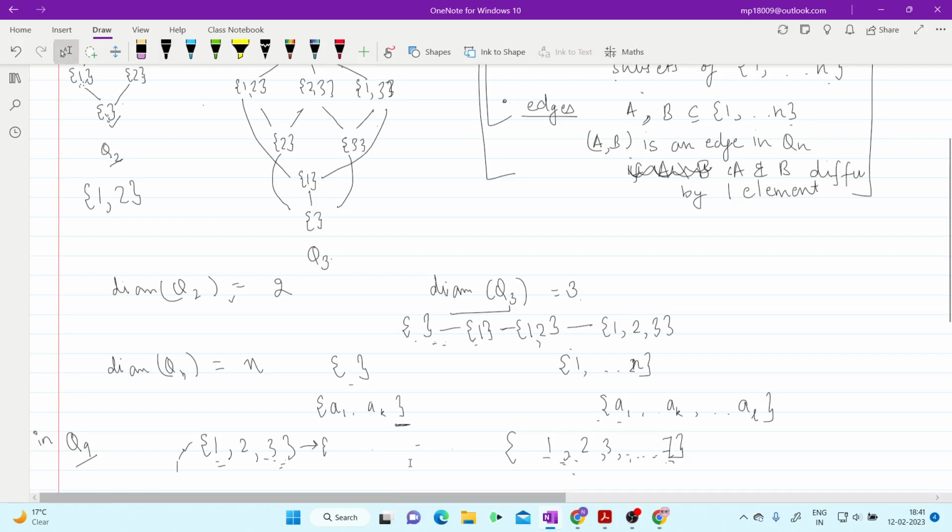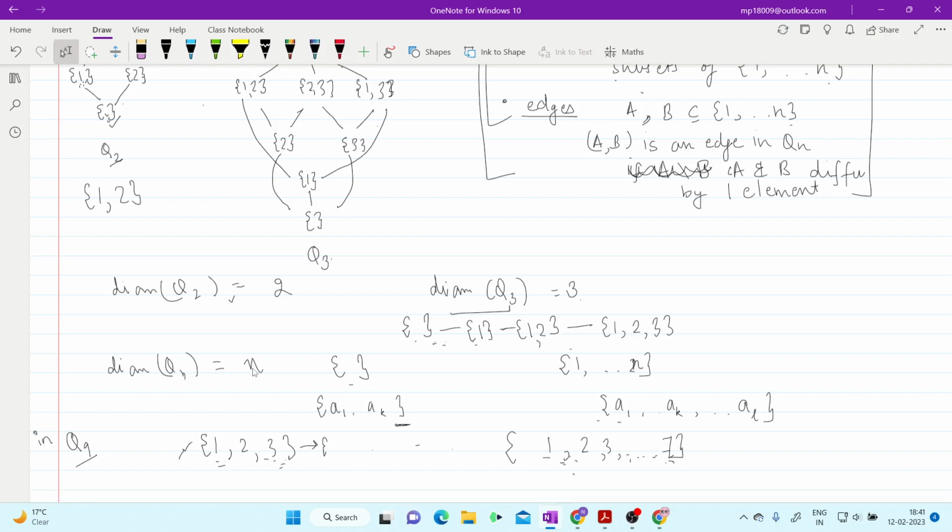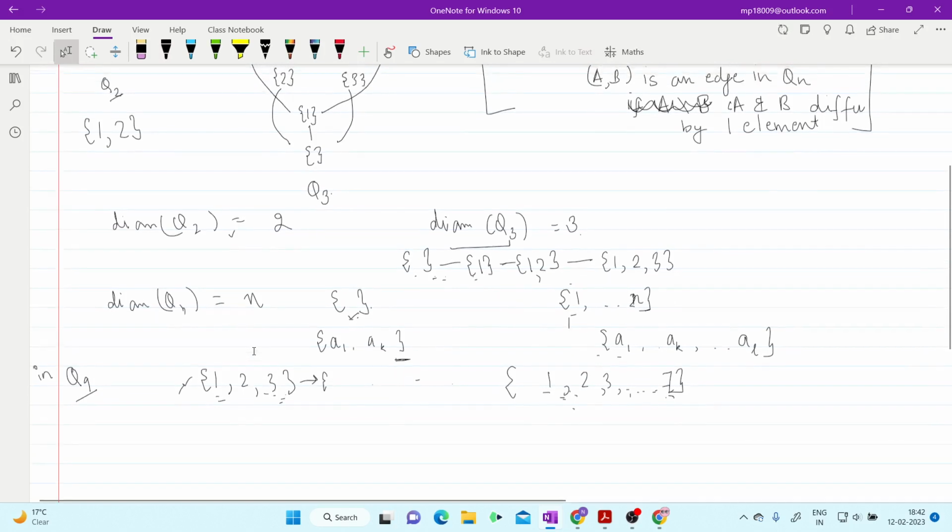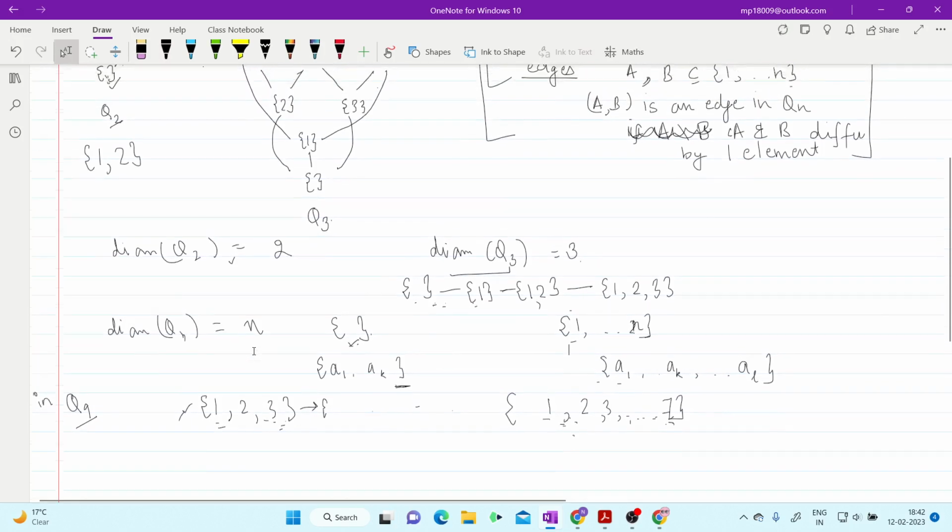So the diameter of Qn is n because the worst case scenario is the empty set and the complete set, and the shortest length between these two sets is n. If we pick any other sets, the shortest length will come out to be less than n. So now is this clear why the diameter of Qn is n?